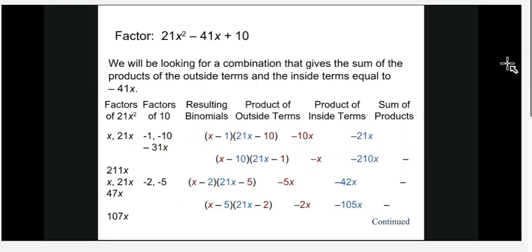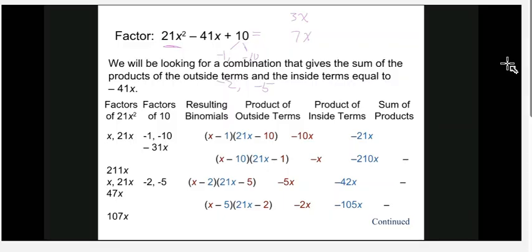So it looks like there's a lot of random trial in this case. I want to show you, if you have a little bit, you can kind of try this one right here. You have a 3x, 7x in here because we have this multiply equal to 21x squared. And we know we're going to factor this into two negative numbers, right? Either -1, -10, or -2 and -5. So I can do a little bit of combination in here.